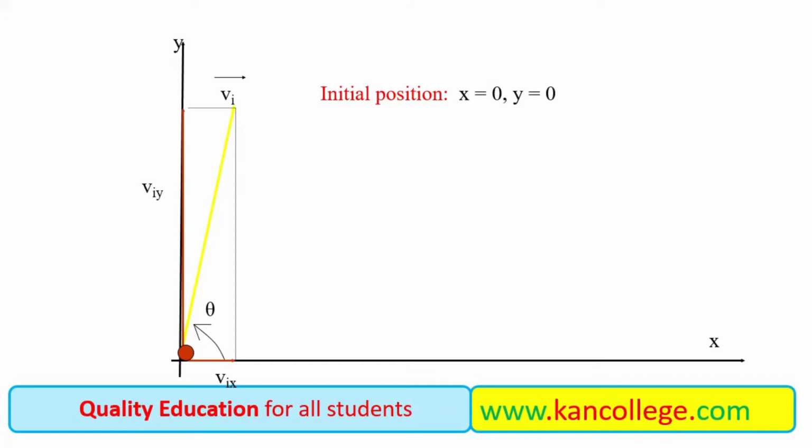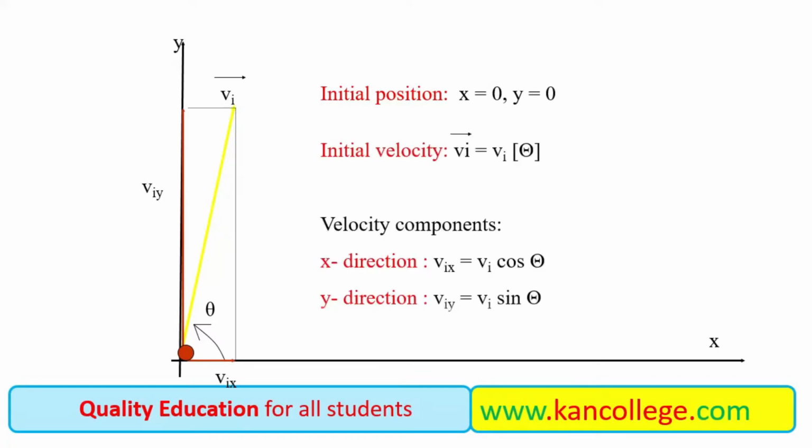Initially, as the body starts at time t equal to 0, its distance along the x-axis is 0 and its distance along the y-axis is 0. The initial velocity is vi, where vix is equal to vi cos theta and viy is equal to vi sine theta.